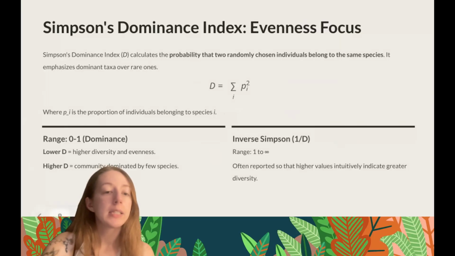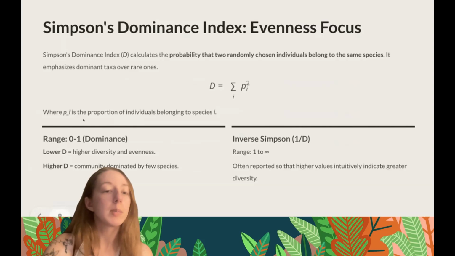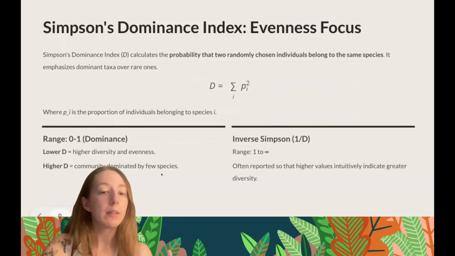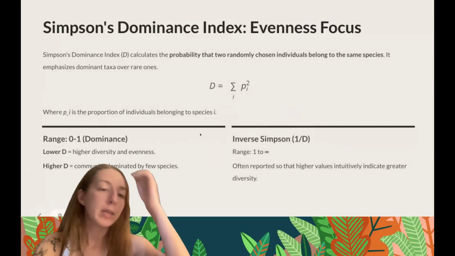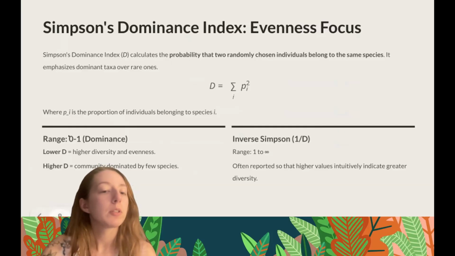Another thing to note is how the Simpson's dominance index is displayed. It can be displayed without an inverse and with an inverse. Without the inverse, the range is going from 0 to 1.